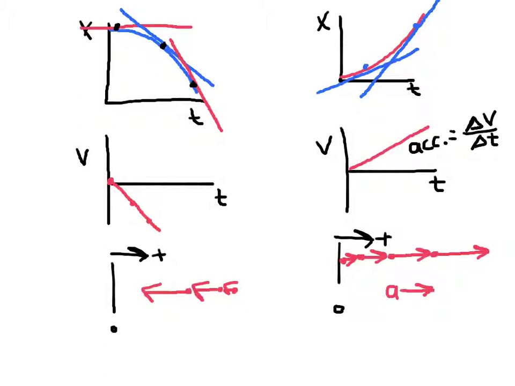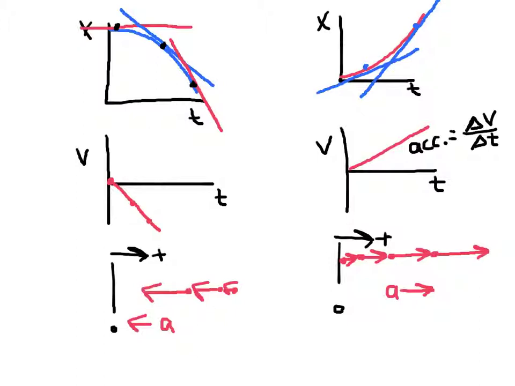And again, the last question would be, what is the acceleration of this object? What direction is it? This is a negative slope. So a negative slope here means we have a negative acceleration.